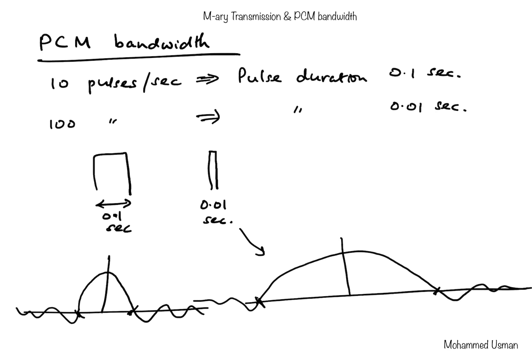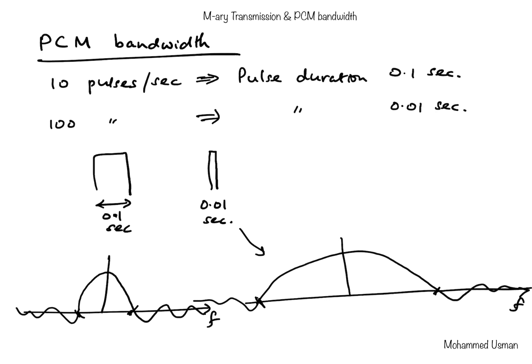So you see here, reducing the width of a pulse in the time domain has an effect of increasing its bandwidth in the frequency domain. So that's the frequency domain. We have the frequency axis here, and that's the magnitude spectrum, or the amplitude spectrum rather, of the rectangular pulses.